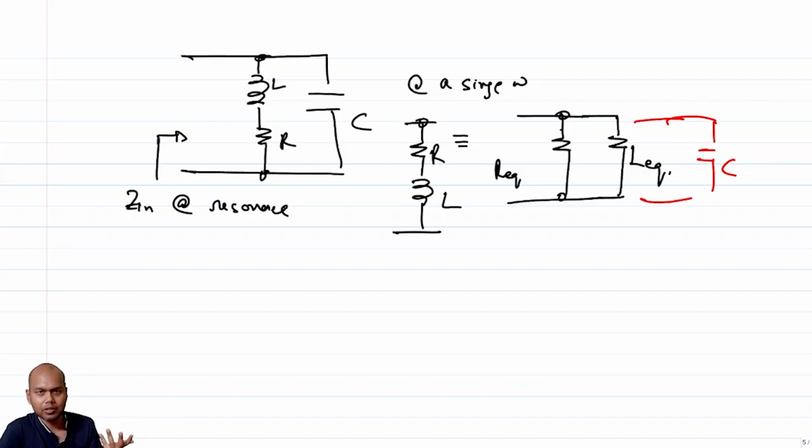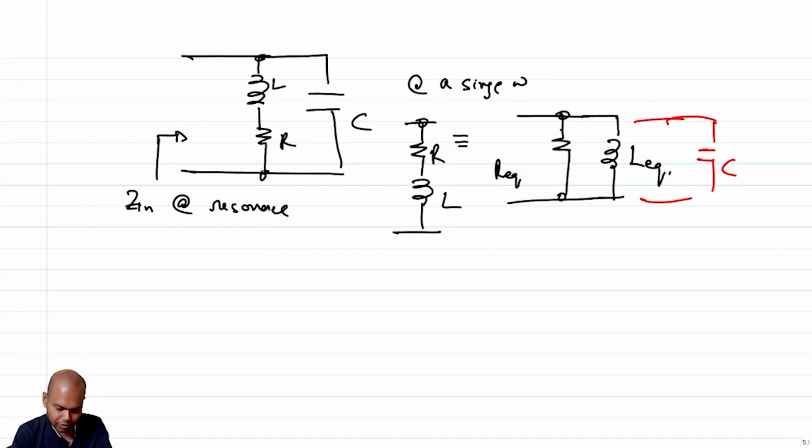So that's the whole purpose of trying to express this series connection of L and R as a parallel connection of L and R. Firstly, I don't even know whether it will be an L when I transform it into a parallel network. I know a priori, but we'll see what happens, right?